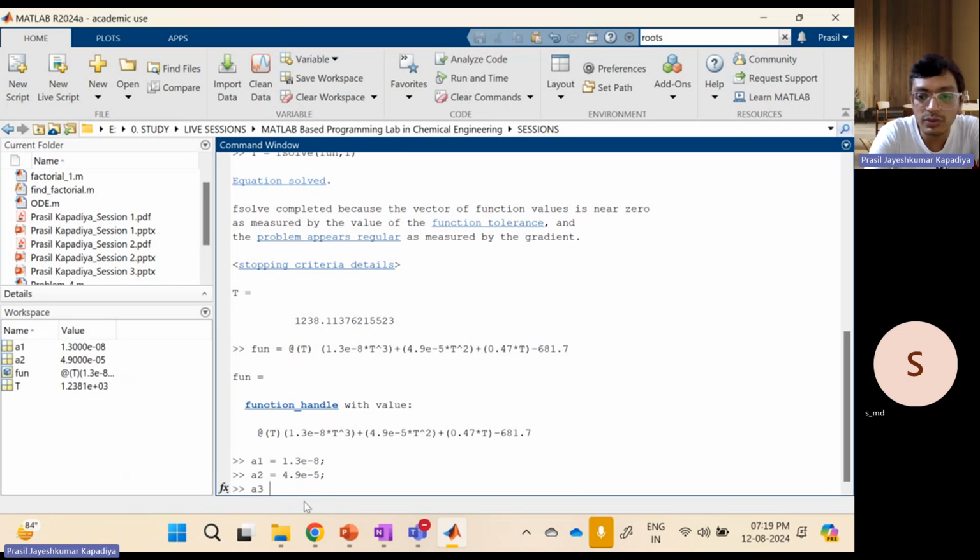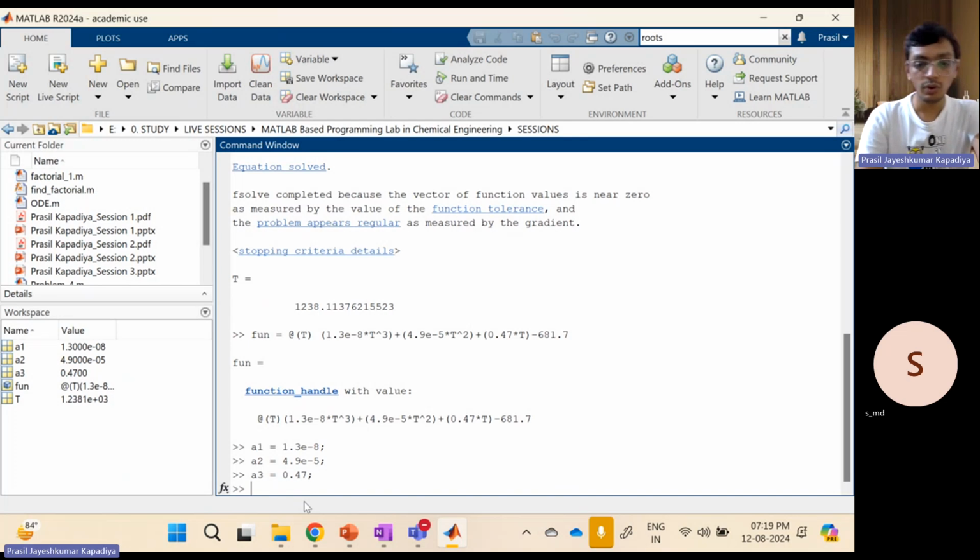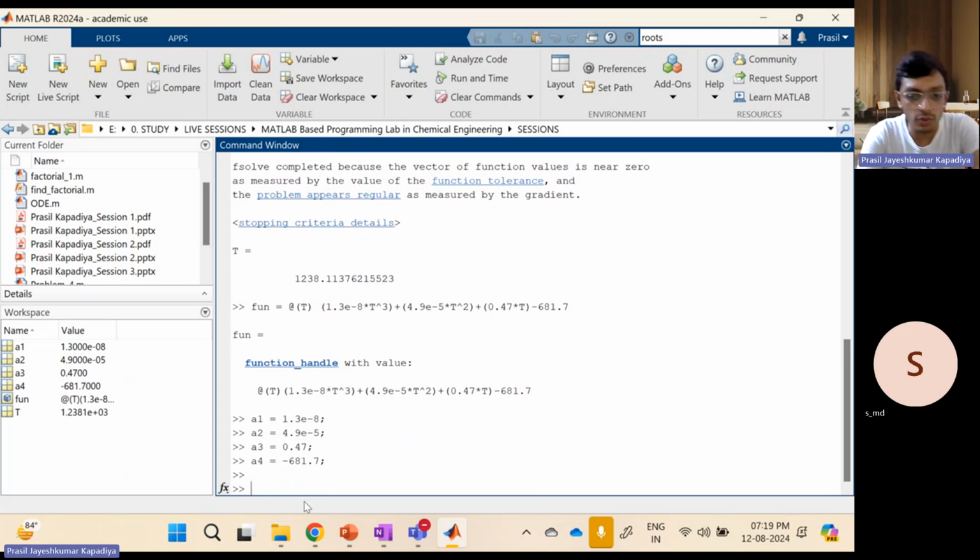And a3 is equal to 0.47, a positive number, and a4 is equal to minus 681.7. Okay, and I want to find the roots. So T is equal to roots of a1, a2, a3, and a4. I have taught this earlier in this lecture.